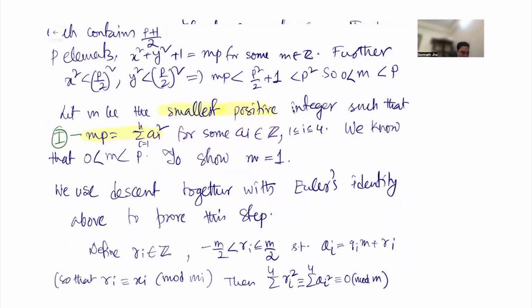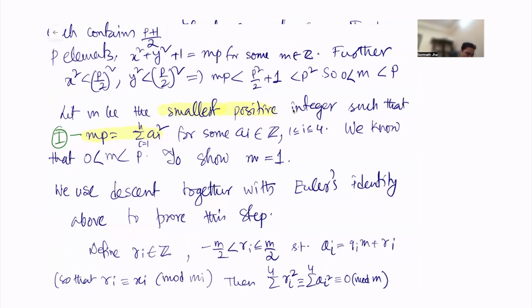Define Ri belonging to Z. If you have ai, you divide them by m and take the residue to be Ri. So Ri is generally between 0 and m minus 1, and you shift it by m by 2.